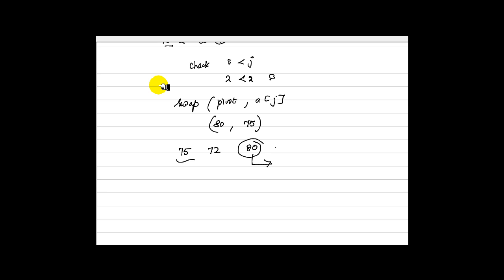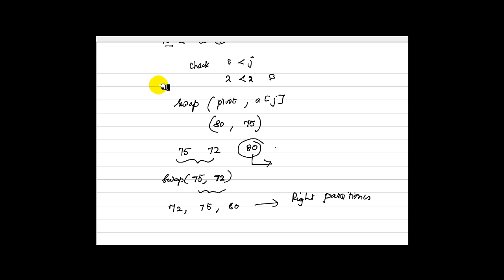Now we will swap 75 and 72. After swapping, we are left with 72, 75 and 80. Now this right partition is sorted.